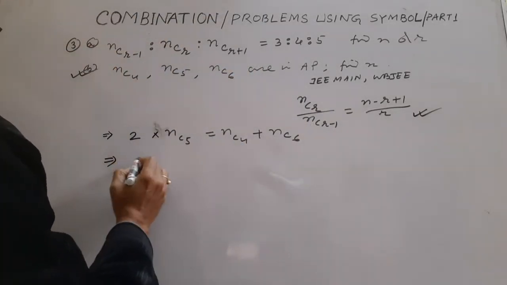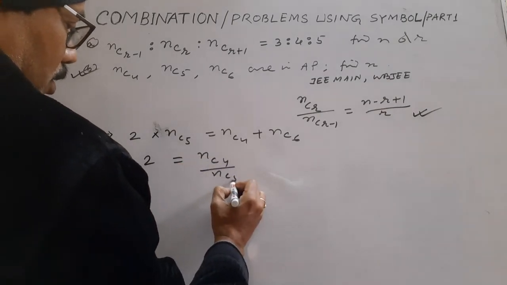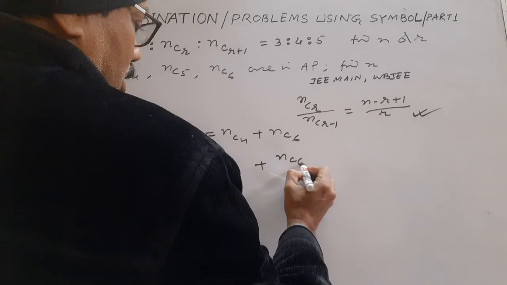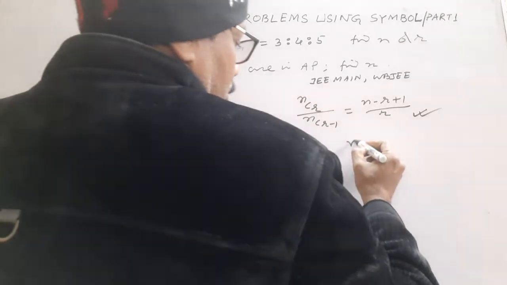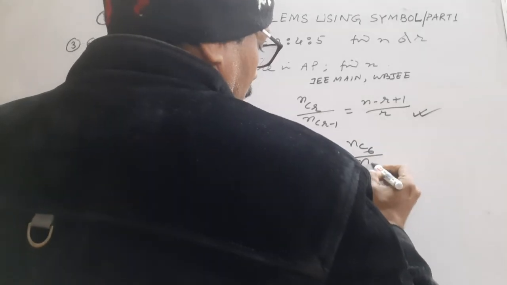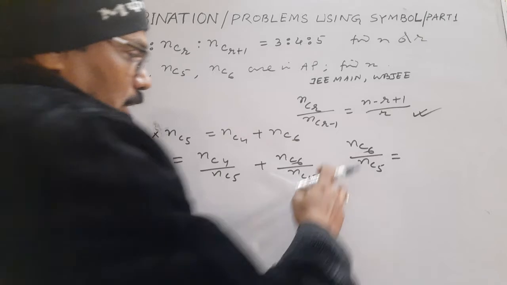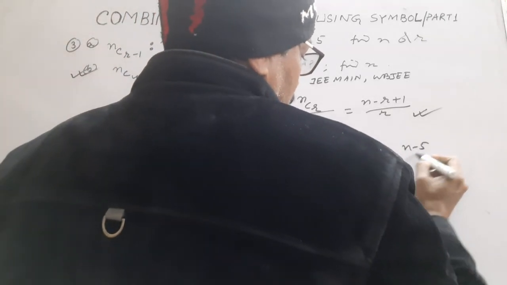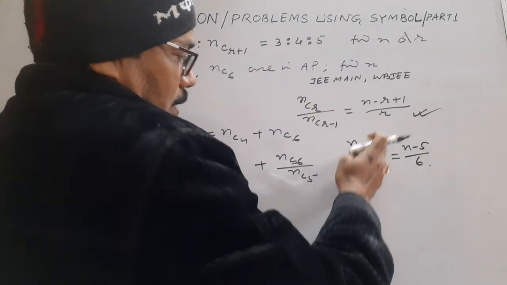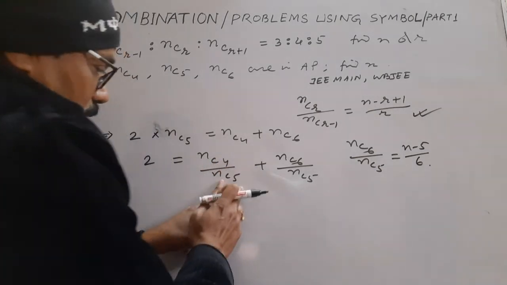So divide by NC5. So NC4 by NC5, and this is NC6 by NC5. Now NC6 by NC5 is the ratio of two consecutive coefficients. So by this theory, it is n minus 5 by 6. Now this is 4, this is 5.